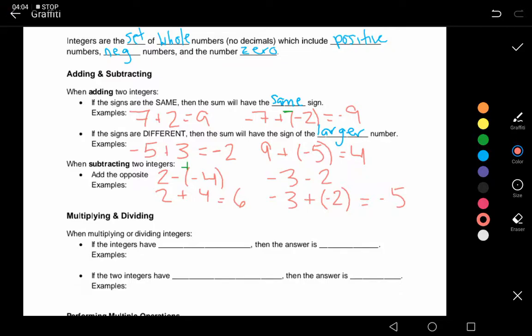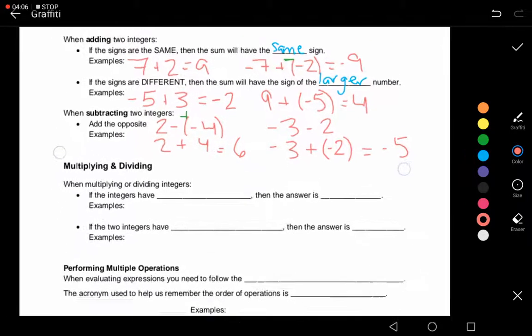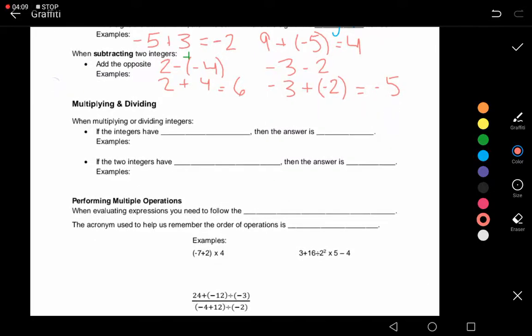So when multiplying or dividing two integers, if the integers have the same sign, then the answer is always going to be positive.